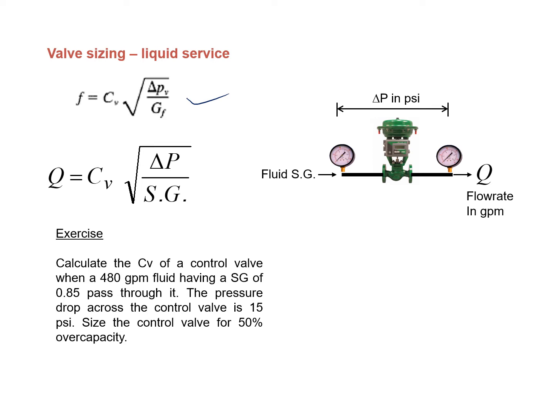Right now we are going to calculate the CV of a control valve when a 480 gallon per minute fluid having a specific gravity 0.85 passes through it. The pressure drop is 15 psi. You can see here the pressure drop is basically the pressure across the valve.